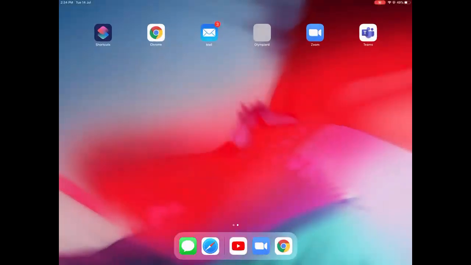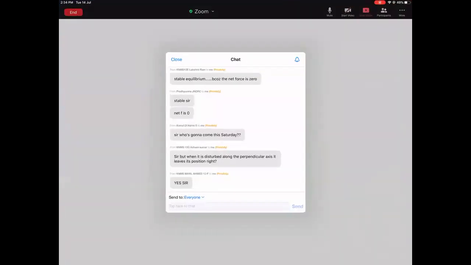But when it is disturbed along the perpendicular axis, I will come to that perpendicular axis.